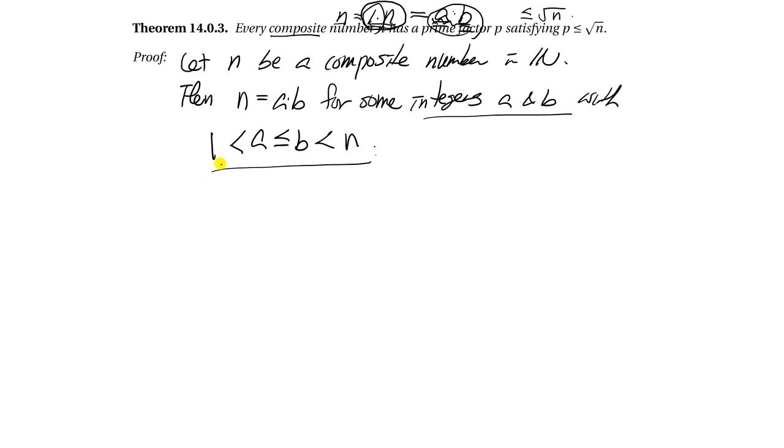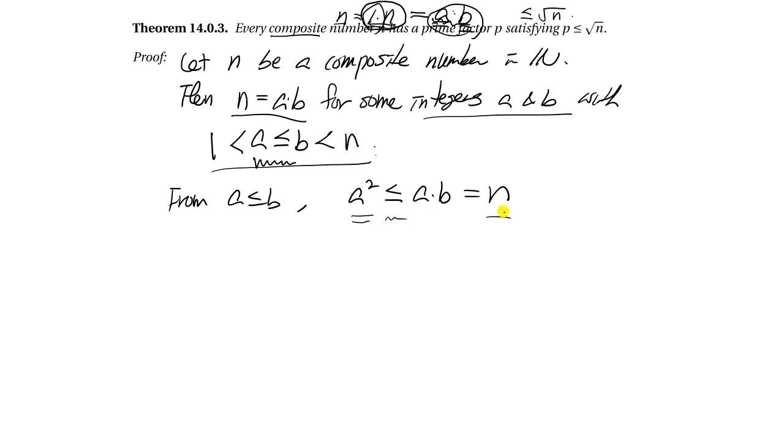Then from this, when you multiply a on both sides, a is positive, so we just keep the inequality, and a times b was n, so we can have n over there. Which means a squared is less than or equal to n, right?